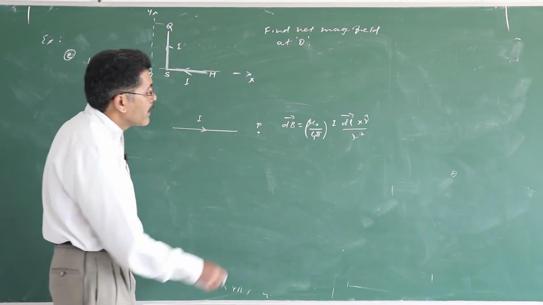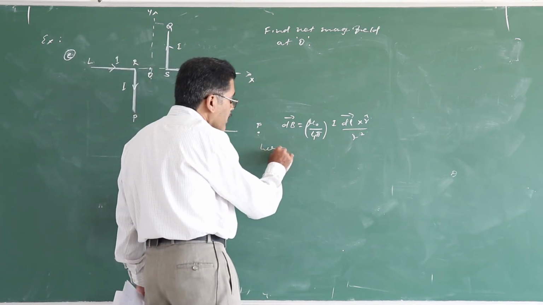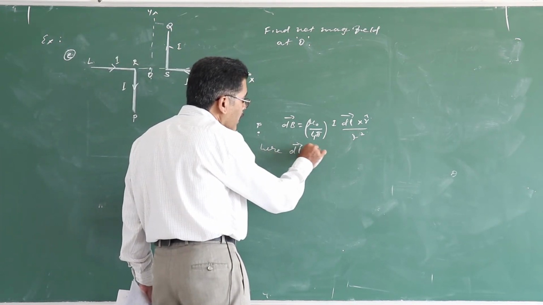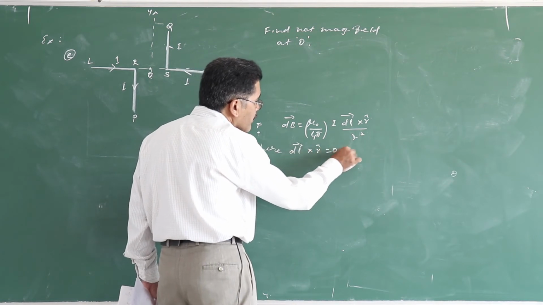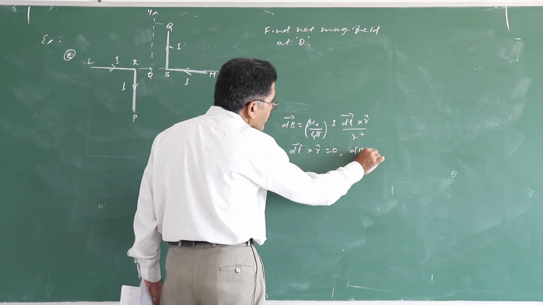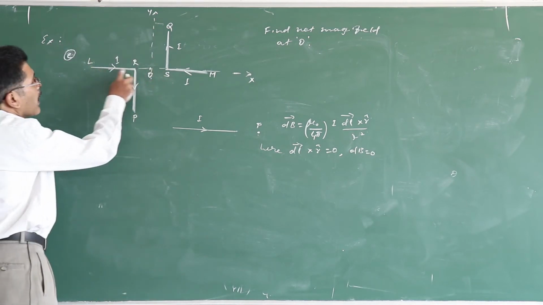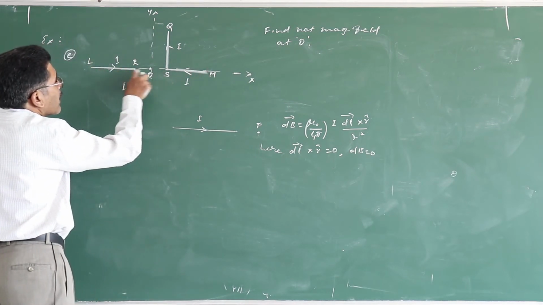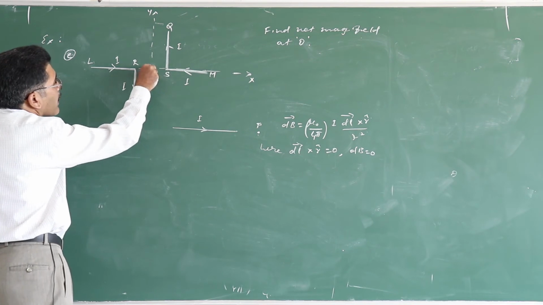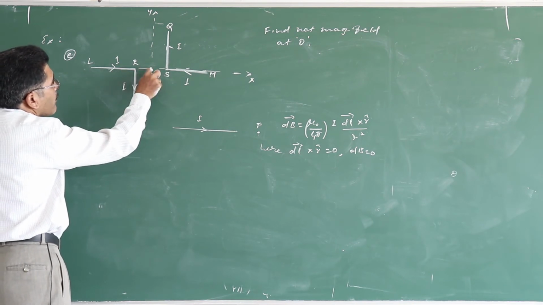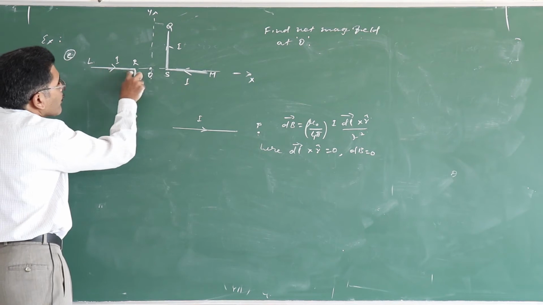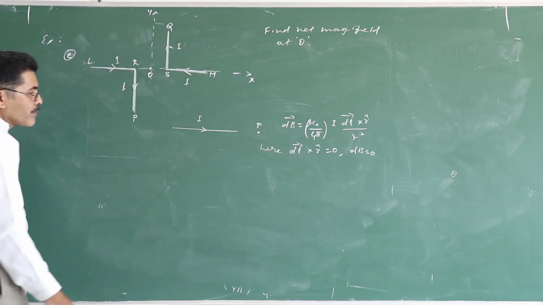Therefore dl cross r cap equals 0, so dB is equal to 0. Hence, LR and MS are along the axis, and point O is on the axis. Therefore, the magnetic field at O due to the current flowing in these two parts is 0.